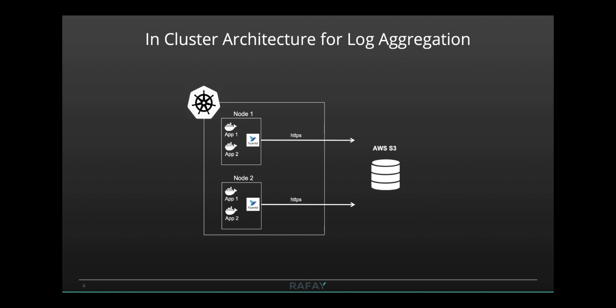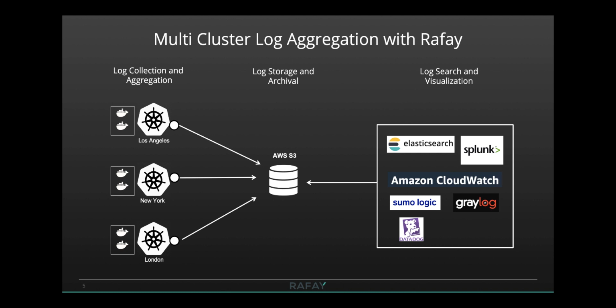The collected logs are streamed directly to the customer's AWS S3 bucket, which acts as a highly scalable, resilient log archive service. The logs can then be picked up by the customer's preferred log visualization service, such as Elasticsearch or Splunk, etc.